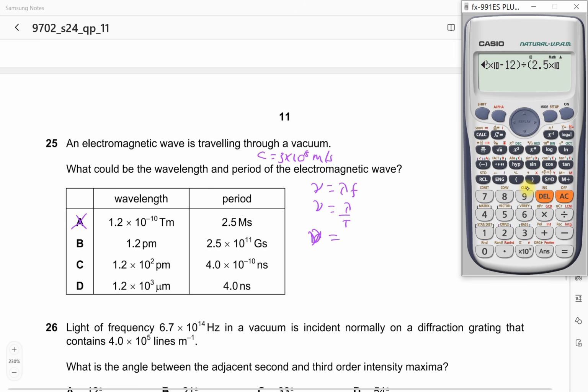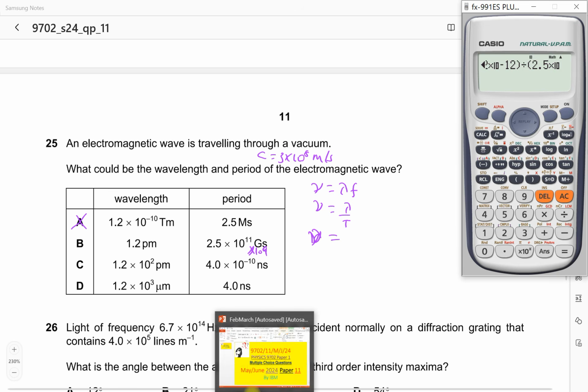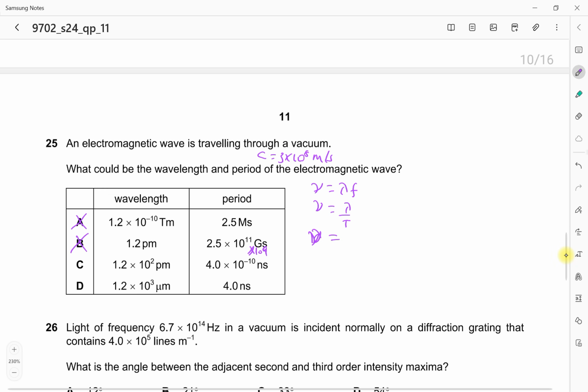So I'll say times 10 to the power of 9. 10 to the power of 9 times 10 to the power of 11 becomes 10 to the power of 20, which gives 4.8. This is not the speed of light, so this is wrong.